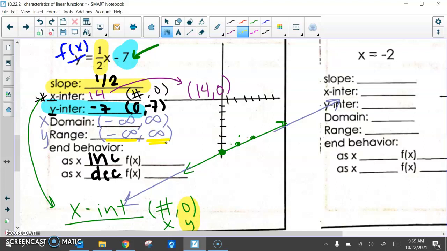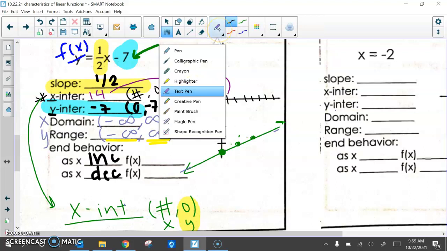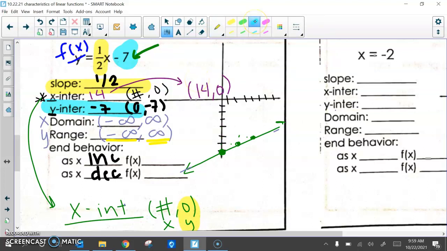Okay, the final thing we have to look at for this problem is the end behavior. Remember, it's called end behavior for a reason, because you're only looking at the ends. So I'm looking at this end and this end.